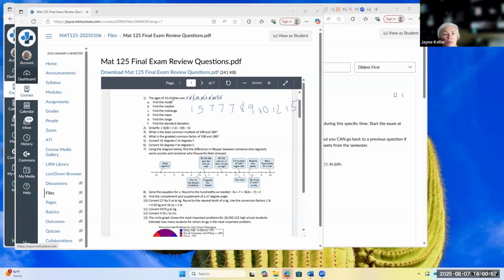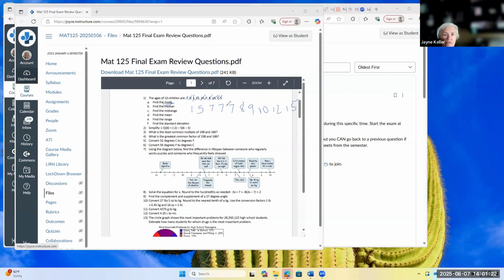For the mode, I just want which one shows up the most. You can see that 7 shows up 3 times, everything else is listed only once. So 7 is the mode. For the median, it's the middle, but when I have an even number, like here I have 10 children, I'm going to have 2 in the middle.